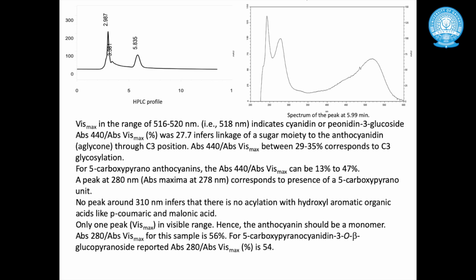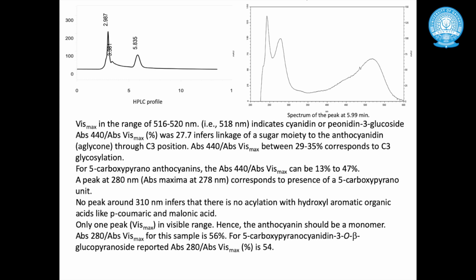So on the top right panel, the absorbance in the visible range, that is around 526 nanometers, is indicative of an anthocyanin molecule, which is cyanidin 3 glucoside, but this alone cannot give us the complete information about its identity.